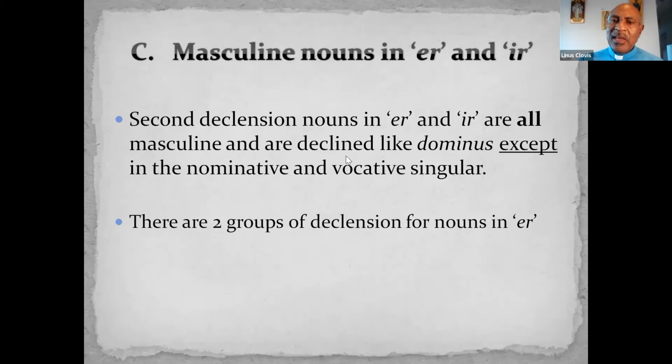Okay. And they are declined like dominus, except in two cases, nominative and the vocative, singular. Okay, so in all other cases, they're going to be declined like dominus, with the exception of those two. So there are two groups of declension for nouns in ER.